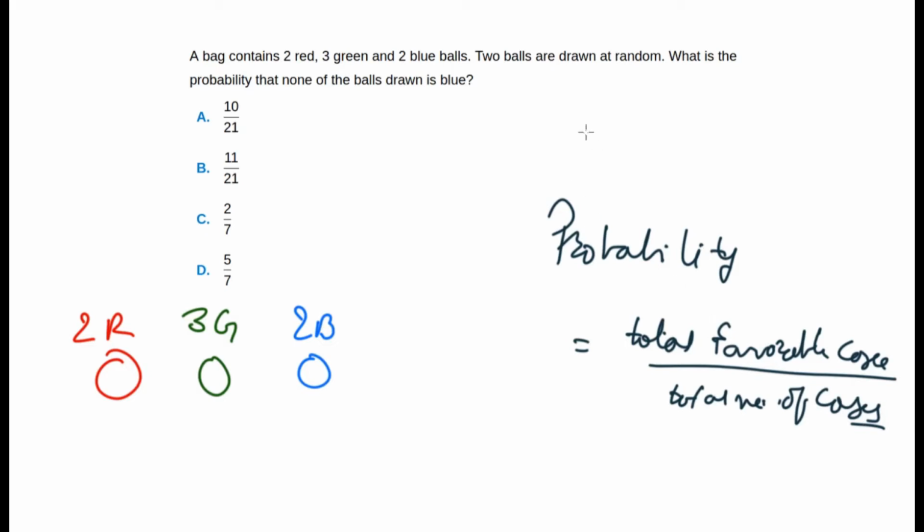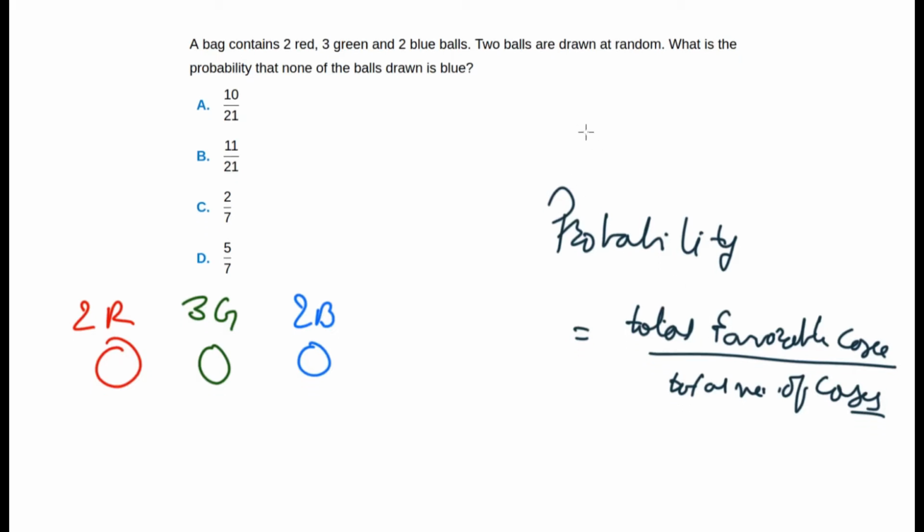Now it says 2 balls are drawn at random. So they are saying out of these 7 balls, we are selecting 2 balls. So to select 2 balls out of 7 balls, this will be used. This is a combination, 7 choose 2.